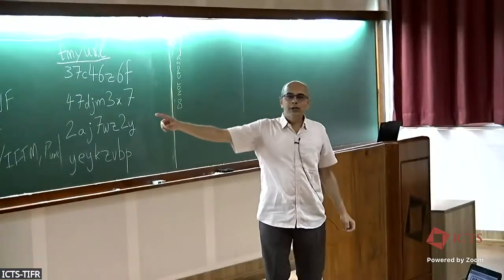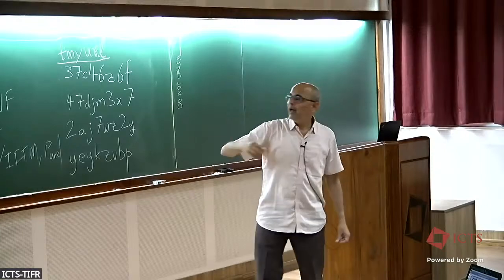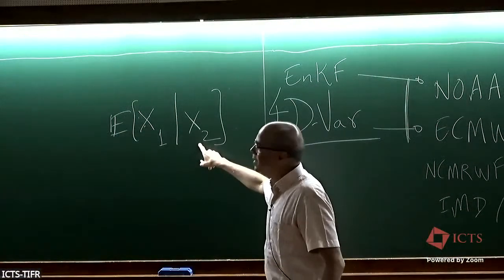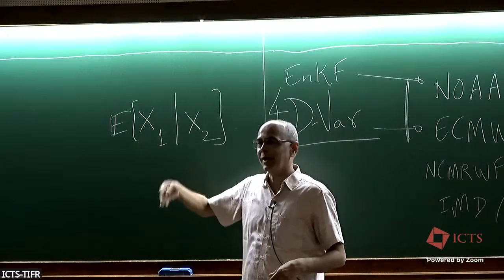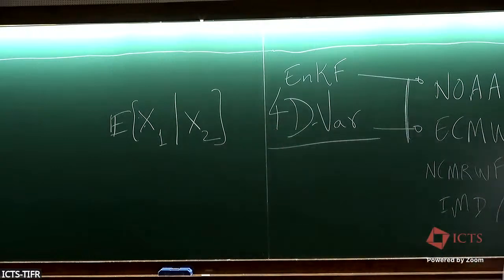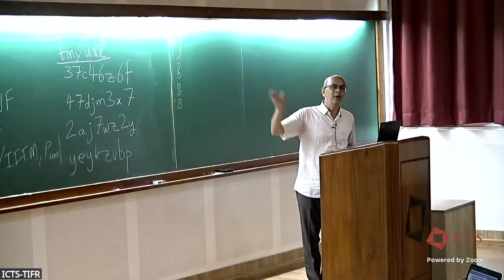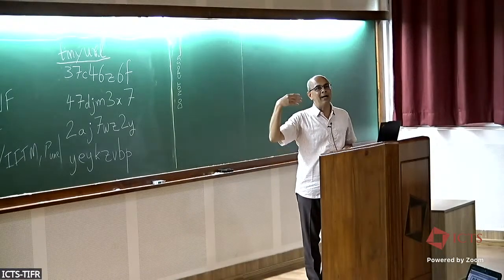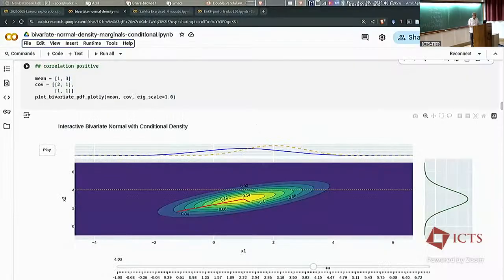So as I change x2, the mean of x1 keeps shifting. x2 itself is a random variable, has a distribution, and hence the mean of x1 given x2 will have a distribution, and hence it's a random variable. Okay. Not a mathematical explanation, but more of a visual explanation of how to think about conditional expectations as random variables. Then you can play around. If you increase the value of x2, what should happen? It will go up.